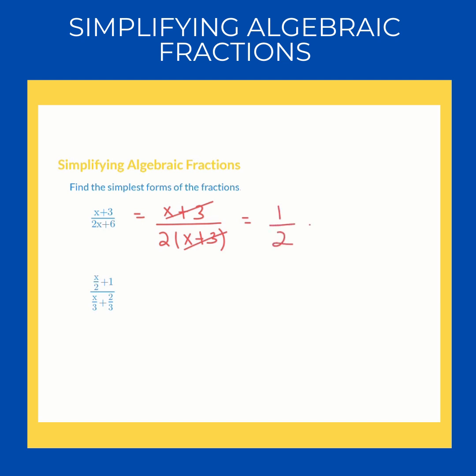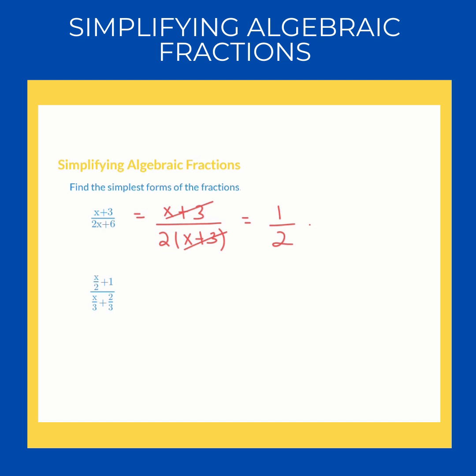In the second fraction, I have x over 2 plus 1 over x over 3 plus 2/3. So the first step is to get rid of the fraction in the numerator and the two fractions in the denominator. How? By multiplying the whole fraction by a number.